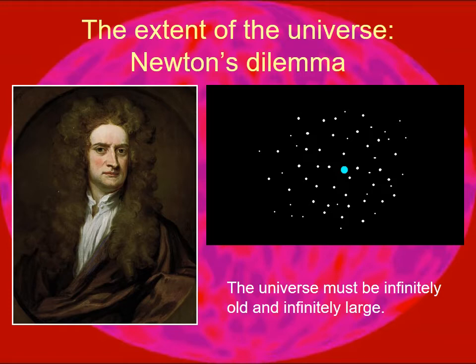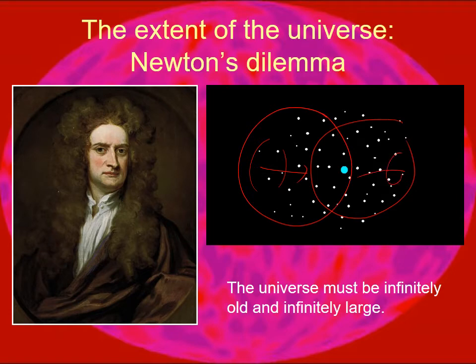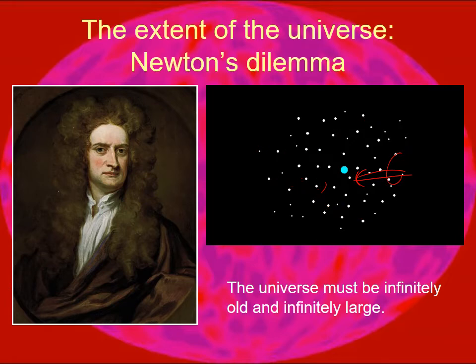His idea was, well, if the universe is this collection of stars that are out here, then all the gravity of these stars would be pulling on those right there and pull them this way. But all this gravity would pull on those stars, pulling them that way, and so the universe would collapse in on itself. And so the universe would be unstable.